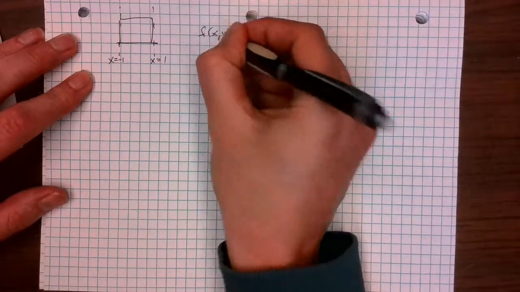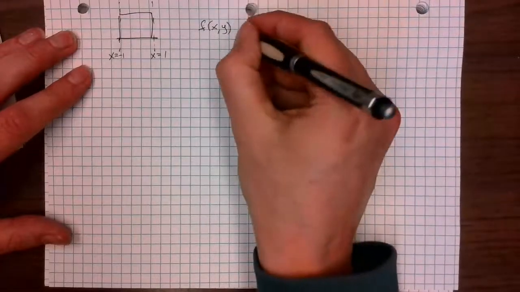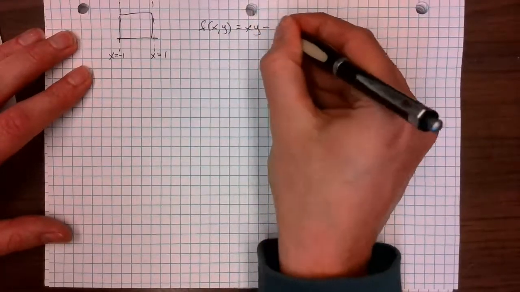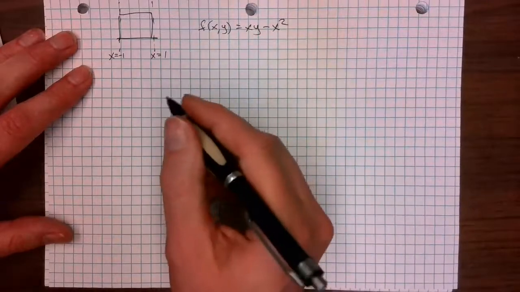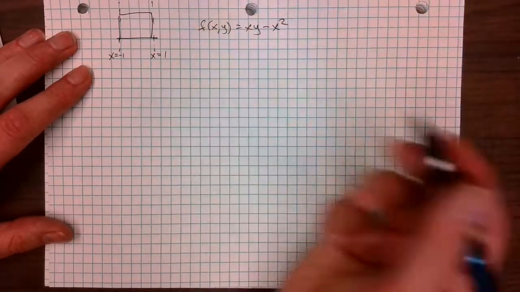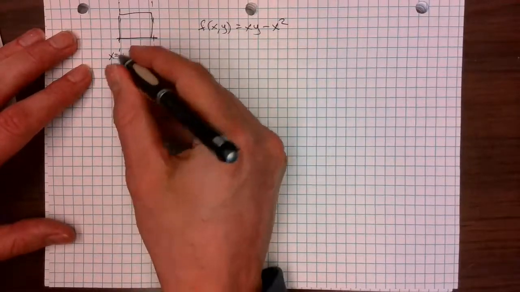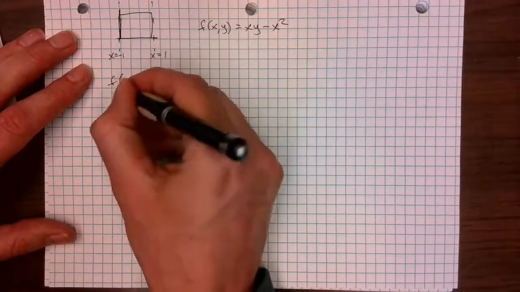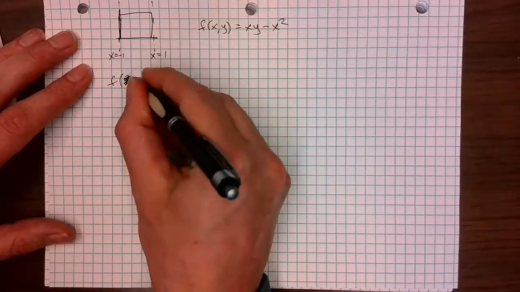Let me copy it here just so that we have it written down, it is still xy minus x squared. So let's look at f, well, let's look at this side first. So this is x is -1.